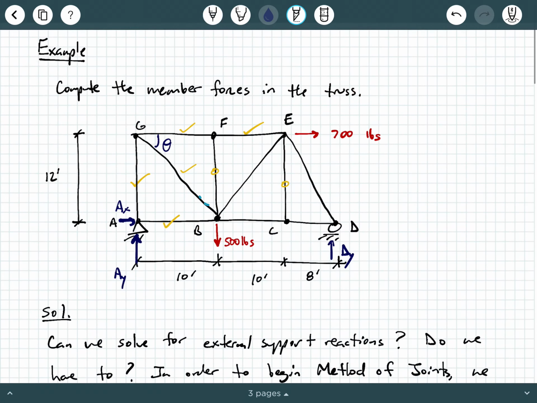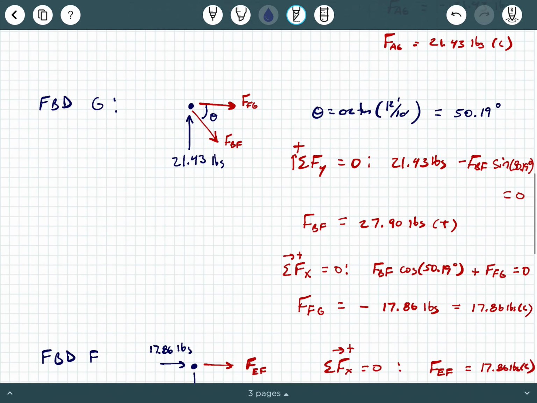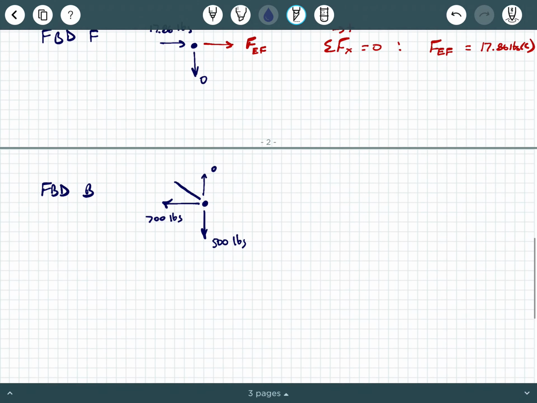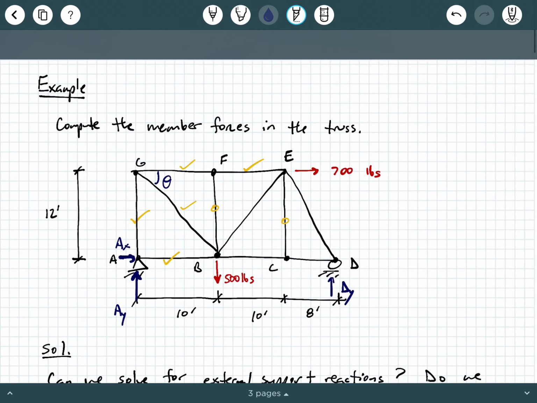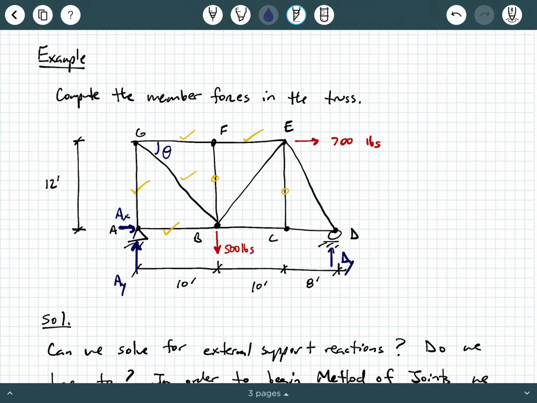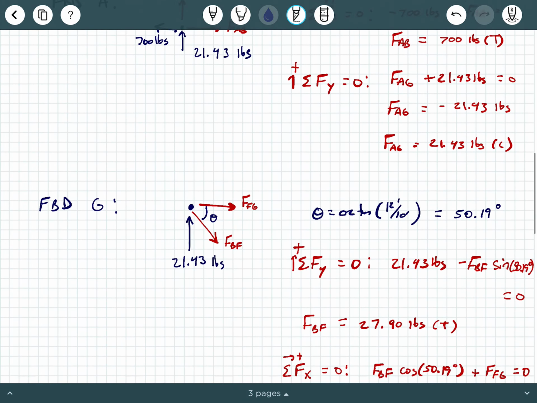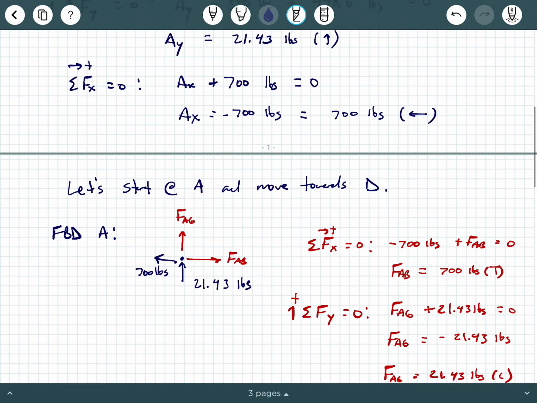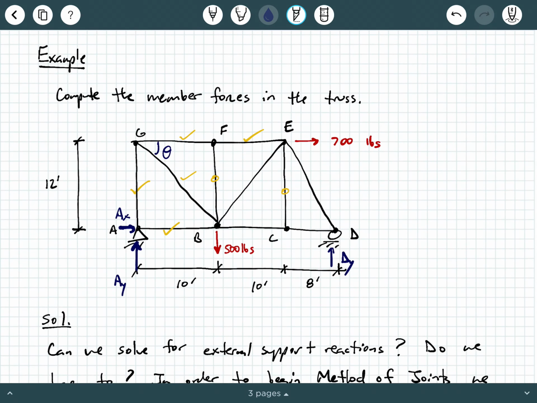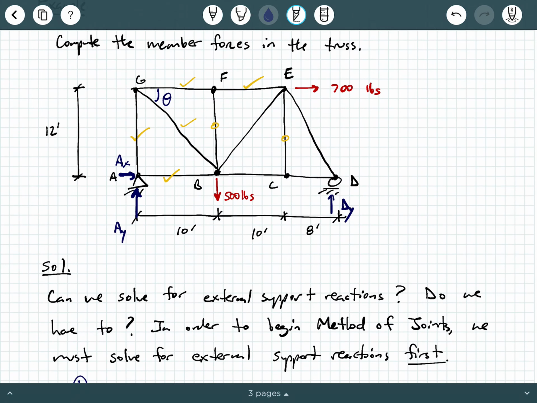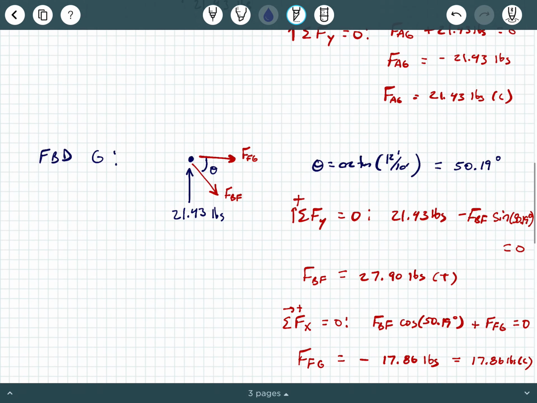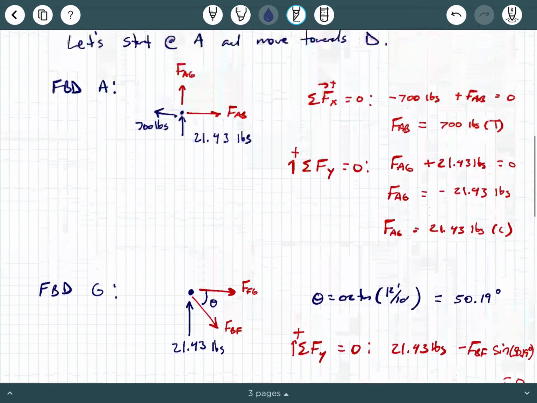I believe that's what it was, right? I said check myself. FBG. Where is our FBG? We should have gotten that. Let's see, FFG, FBG. Did I label something wrong? It looks like I labeled something wrong here.